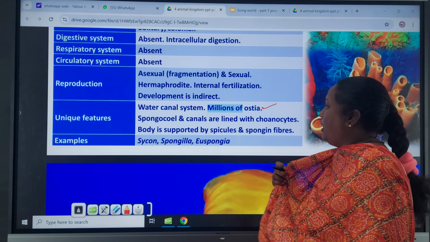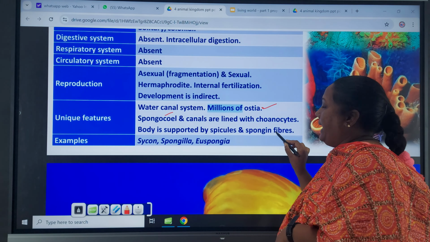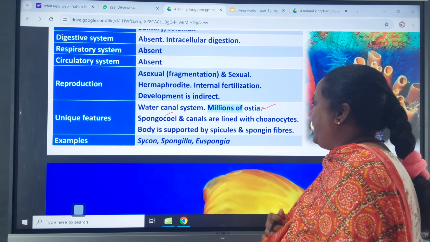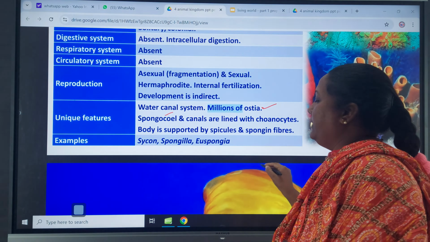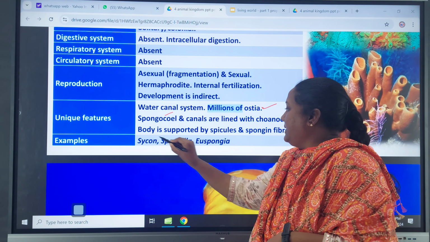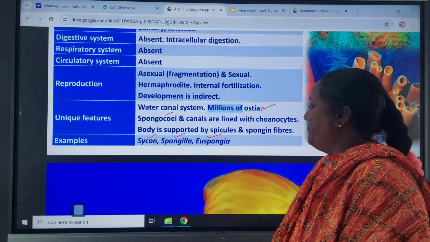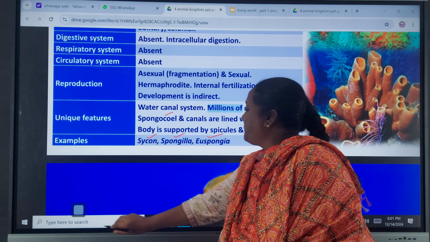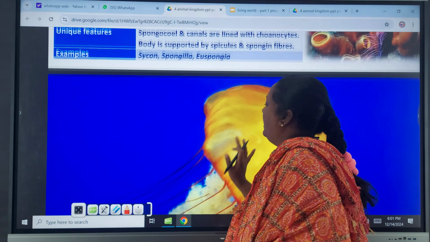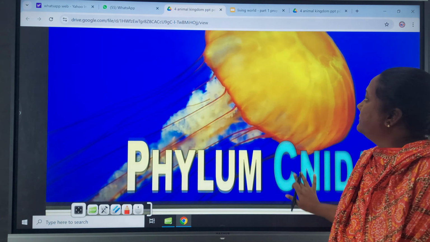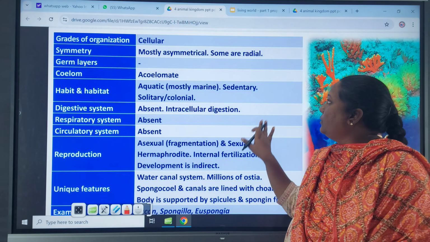Those are called ostia, and the spongocoel cavity. The canals are lined with the choanocytes. The body is supported by spicules and spongin fibers. The best examples are Sycon, Spongilla, Euspongia. This is the general characters of the porifera. I think you understood.